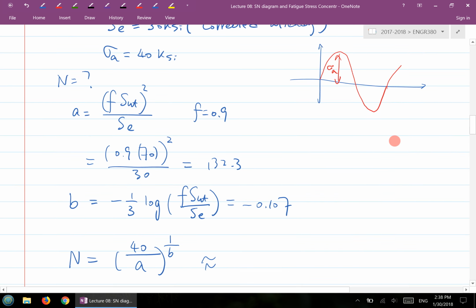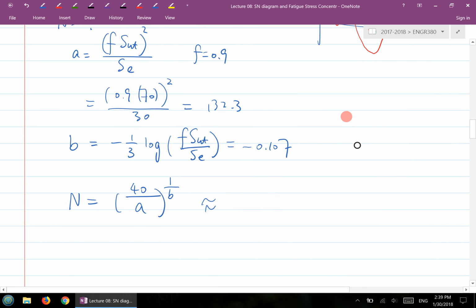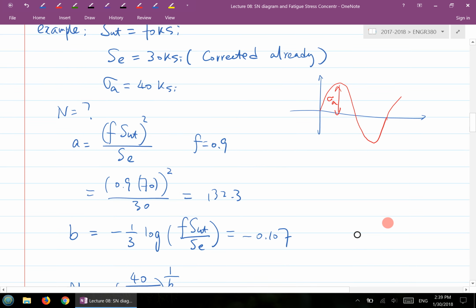But before we do the calculation, let's do a quick estimation. SE is 30, and sigma A is 40. So what do you think the number of cycles, capital N, will be? Will it be less than 10 to the power 6 or greater than 10 to the power 6, and why?